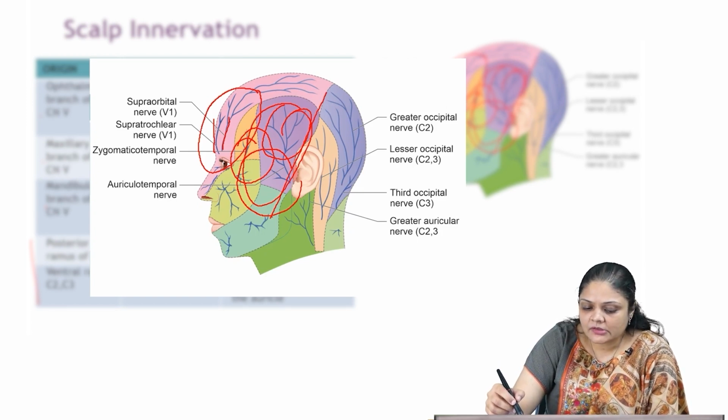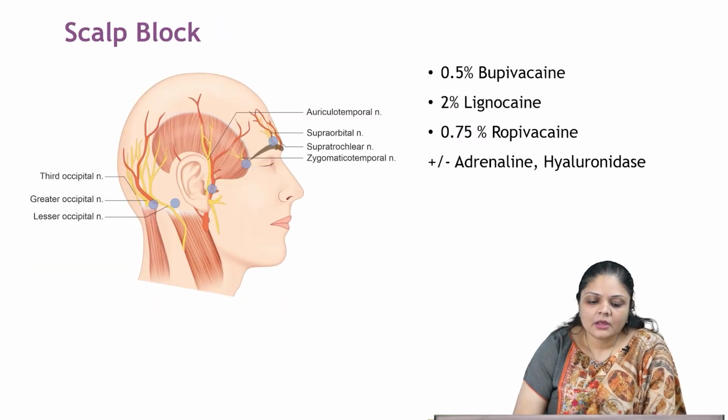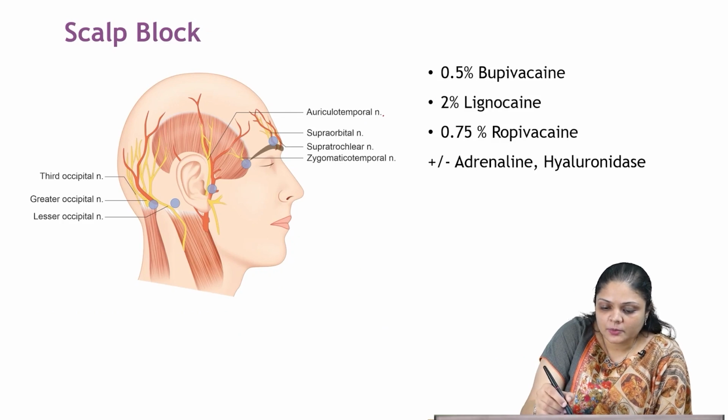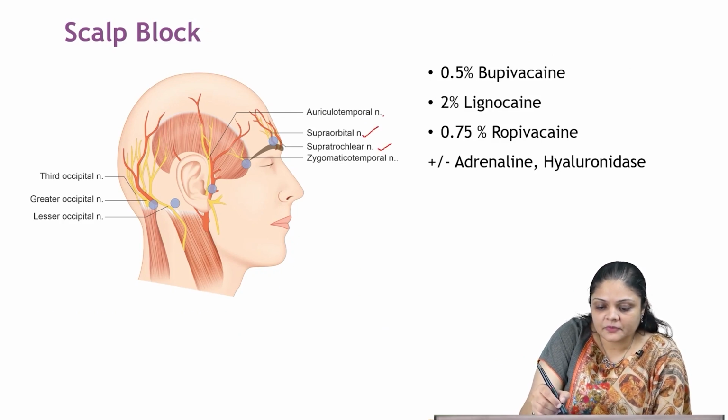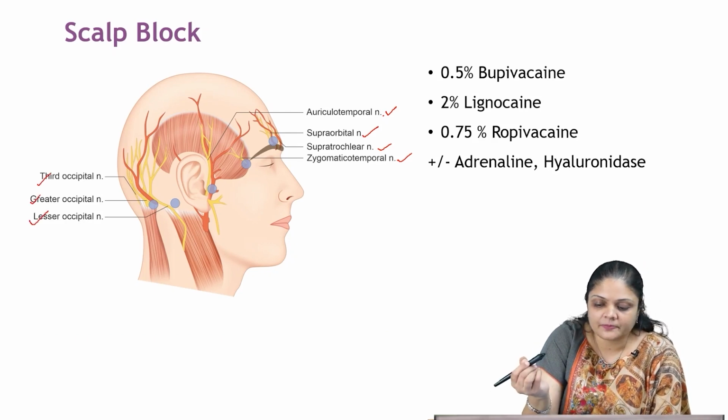They innervate the posterior scalp and skin over the auricle and the scalp in the lateral aspect from the head posterior to the auricle. So the main nerves which we block are your supraorbital, supratrochlear, zygomaticotemporal, auriculotemporal. These are your anterior blocks. And posteriorly, you have the third occipital, greater occipital, and the lesser occipital.